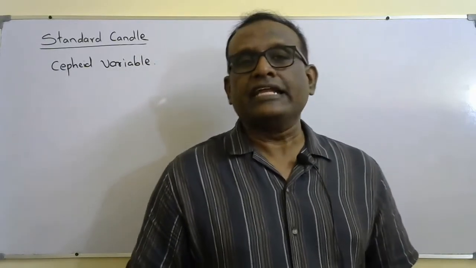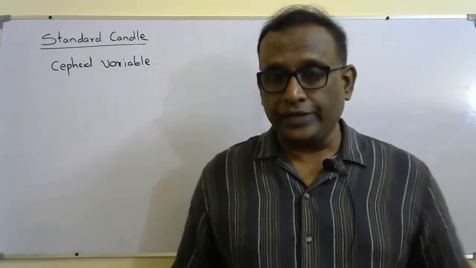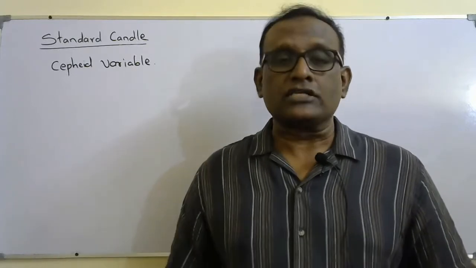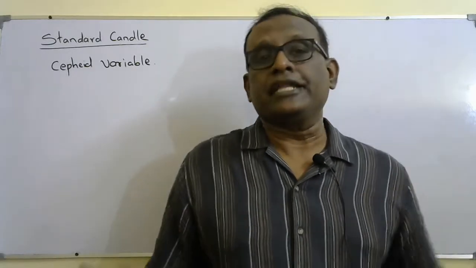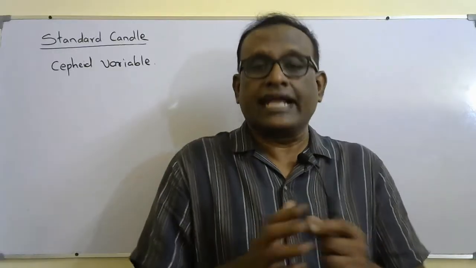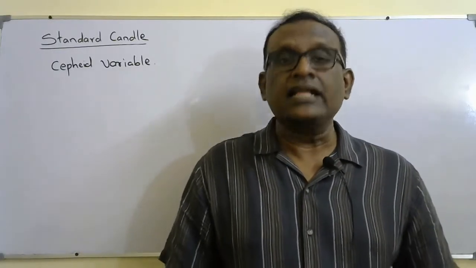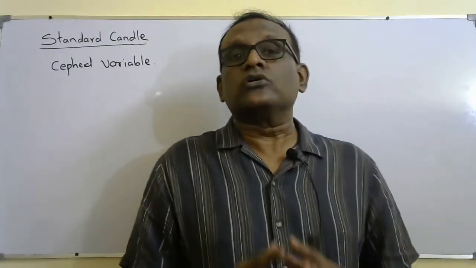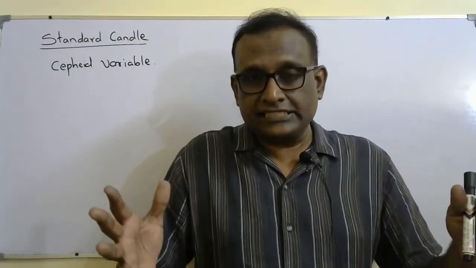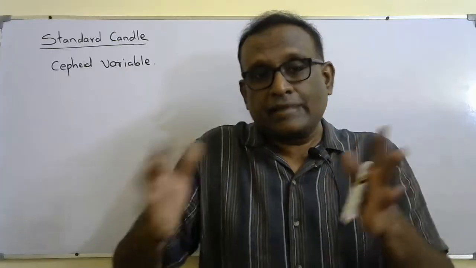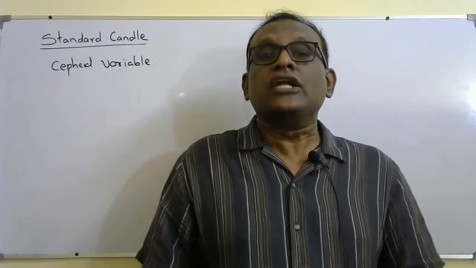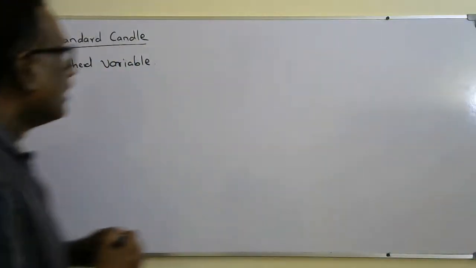So a Cepheid variable is a star in which the luminosity varies periodically because that star expands and contracts periodically due to variation in its pressure. So the surface area changes with the same time intervals. So the luminosity will vary like this.